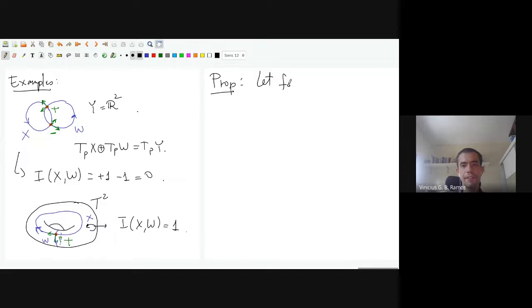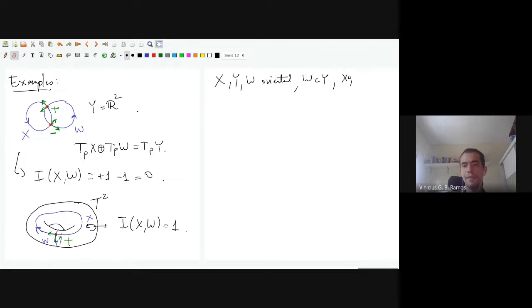Let f0 and f1 be two functions. Now x, y, and w will have the usual properties. I'm going to assume that x, y, and w are always oriented. W is contained in y, and none of them have boundary.